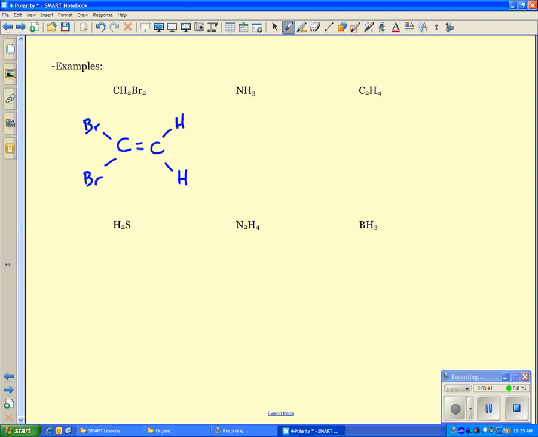Trigonal planar shape, and if we look at the electronegativity values, bromine is 3.0, carbon is 2.6, and hydrogen is 2.2. So our bromines, with the highest electronegativity value, get the delta negative, and our hydrogens get the delta positive.